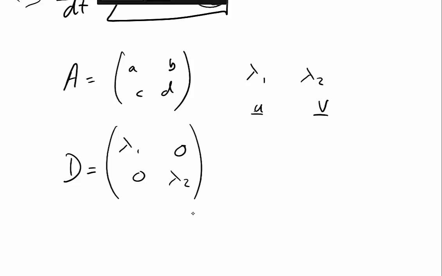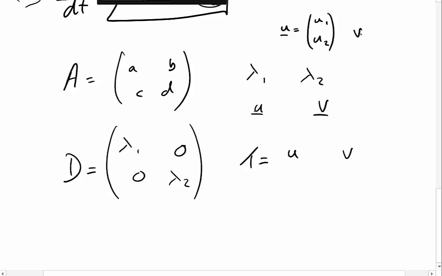So that's my diagonal matrix. That's called D. And I also want to form another matrix which consists of my eigenvectors, U and V. I'm going to break my eigenvectors up into their elements. There are two elements in each eigenvector: U equals U1, U2, and V equals V1, V2.